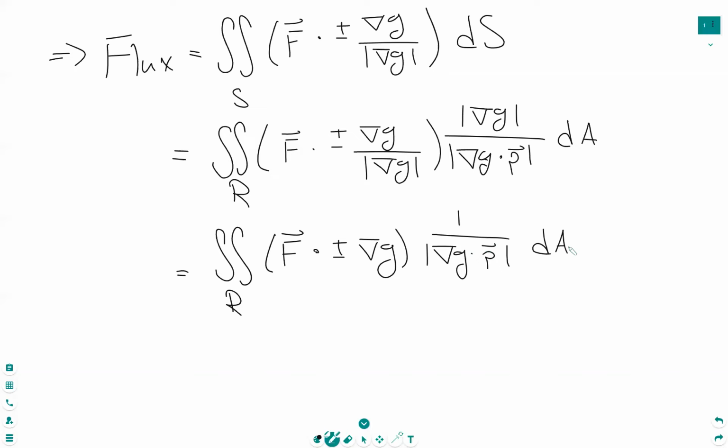So it's not that much more complicated than doing a normal surface area integral. We just have to calculate this dot product, right? We don't even really need to worry about the magnitude of grad G anymore. We just need grad G.